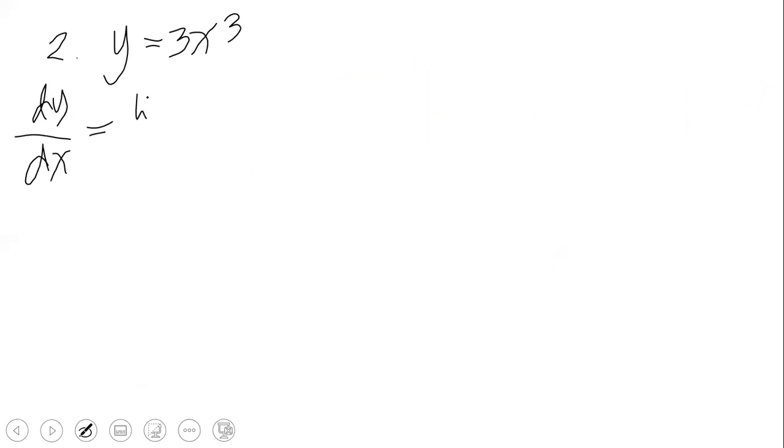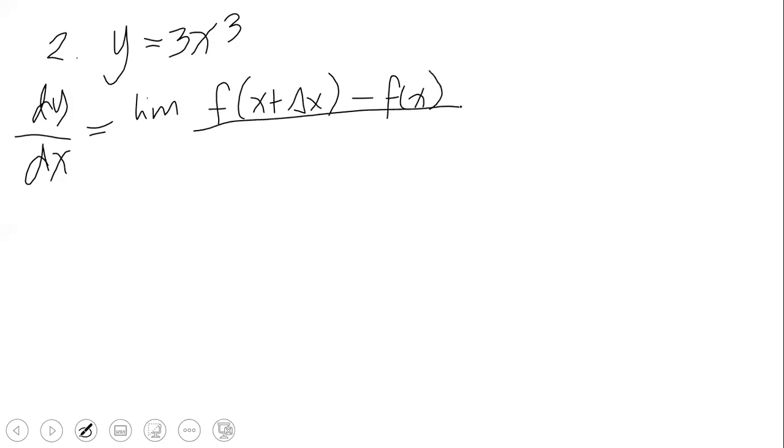So, yung limit ng function, f of x plus delta x, minus f of x, all over delta x as delta x approaches 0.